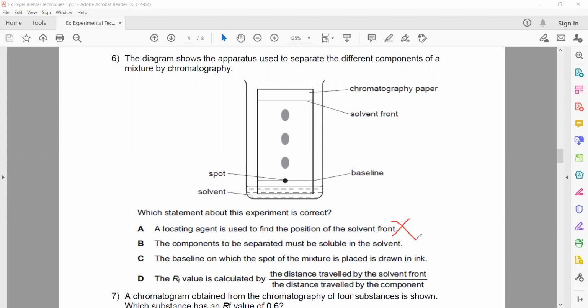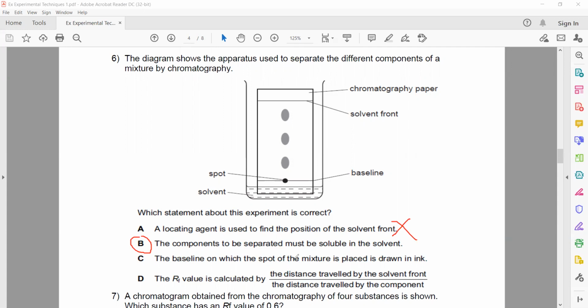We don't use a locating agent for the solvent front; we use it to make the spots visible. The components to be separated must be soluble in the solvent. That's true, because if they are soluble, then only they will rise. If they are insoluble, they will not rise with the solvent. So B is the right statement.